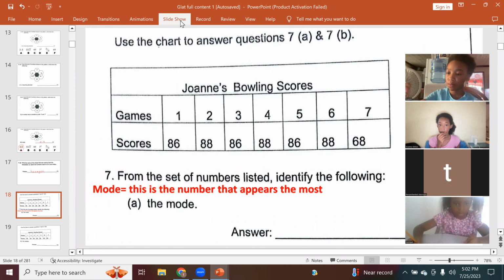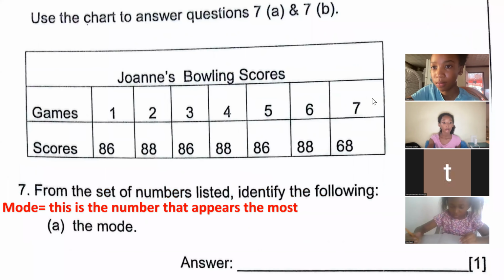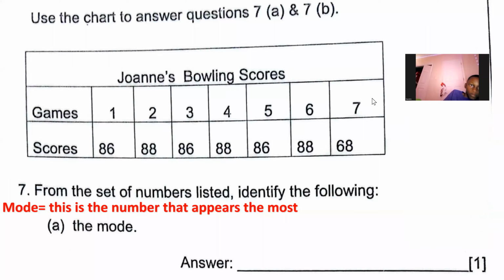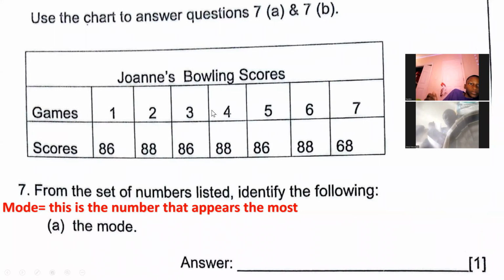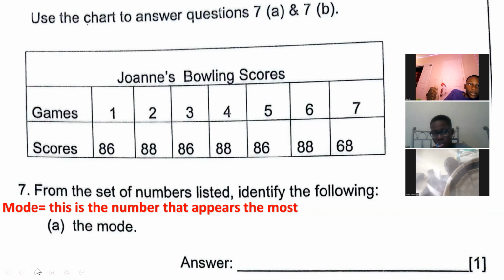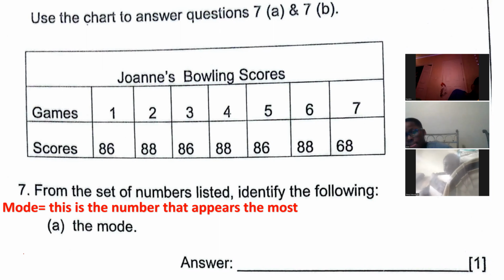So which number from this list appears the most frequently? Not the games, we're looking at the scores. 88. DeAndre, which number appears the most? 86.